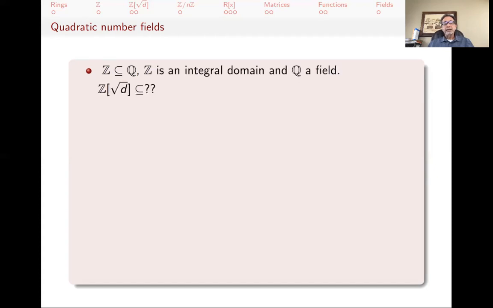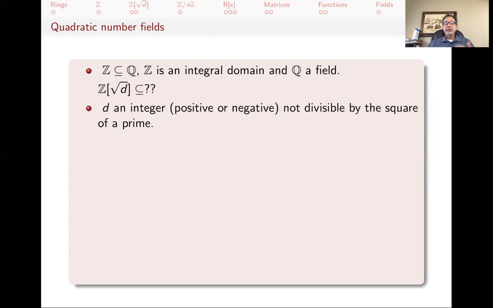One question might be: do the quadratic integer rings sit inside a nicely defined field? And the answer is yes. So let D be an integer, positive or negative, not divisible by the square of a prime, the same usual condition. And define Q adjoin square root of D to be a plus b square root of D, where a and b are rational numbers.